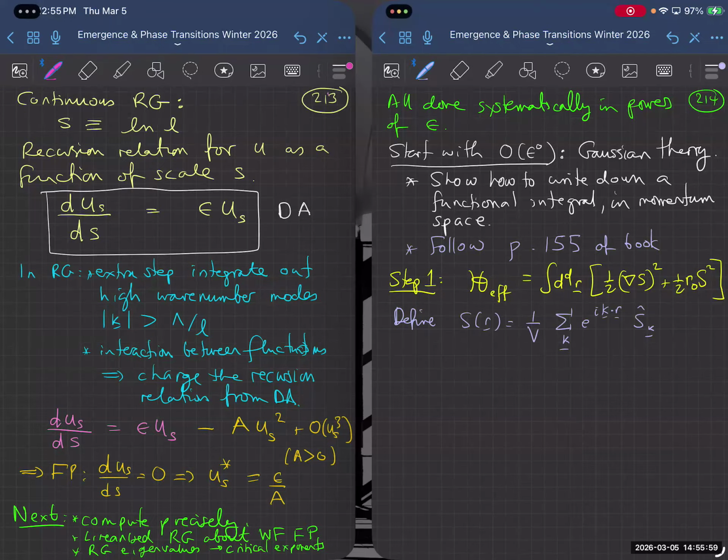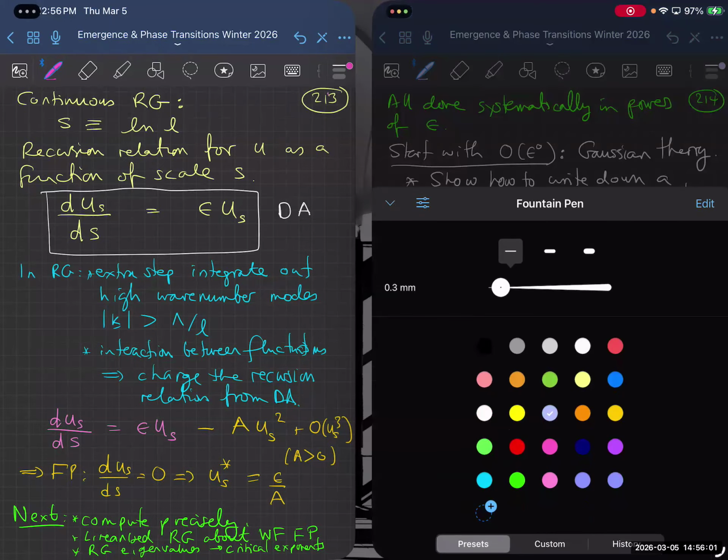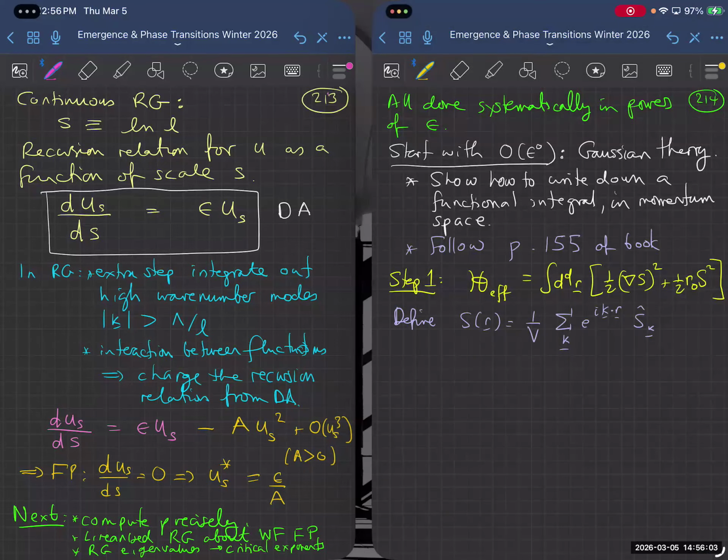And so that's the discrete Fourier transform, and the s of k are defined to be the integral over the volume, integral d^d r, s of r, e to the minus i k dot r.